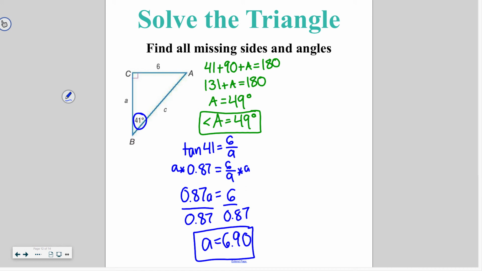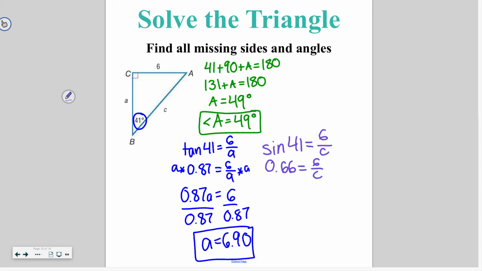Then I need to go through and find side c. Side c is the hypotenuse. So again, they gave us a measurement of 6 for the opposite of 41 and the hypotenuse. Opposite and hypotenuse are sine. So the sine of 41 is equal to 6 over c. The sine of 41 is 0.66.